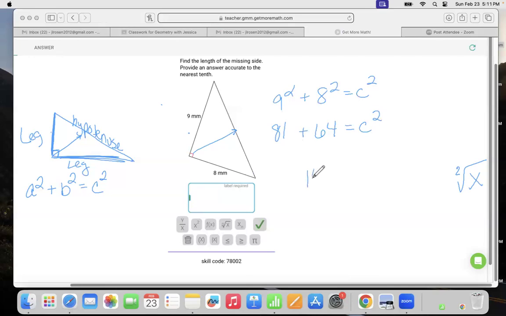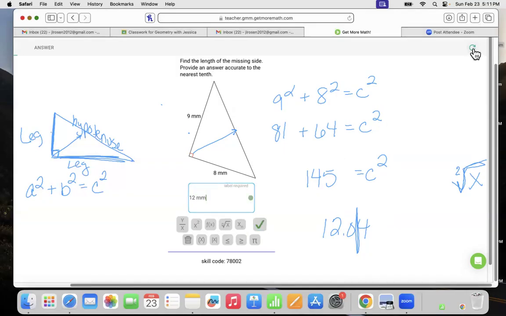Gets me 145. And then again, we're looking for this radical button, the square root button. So we hit that, and that gets us 12.04. And we're rounding to the nearest tenth. That number behind it is not 5 or bigger, so our answer is just going to be 12. And it's going to be millimeters.